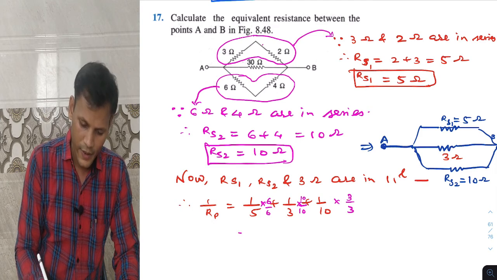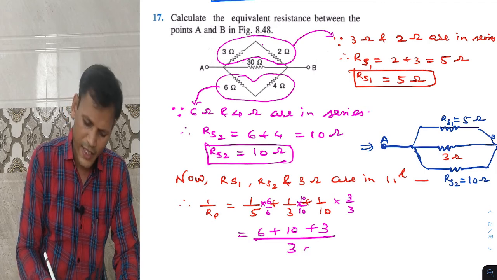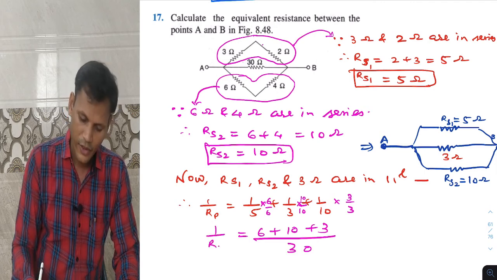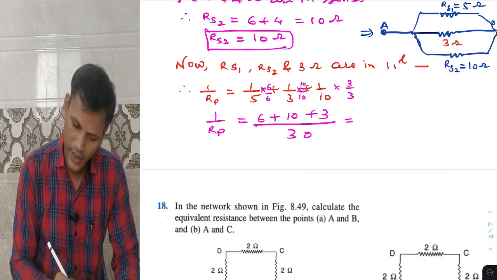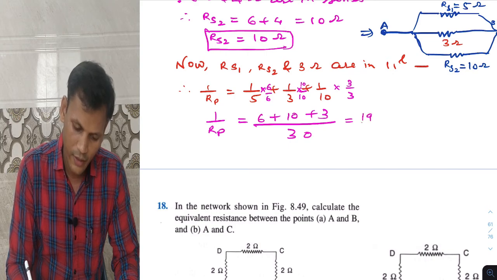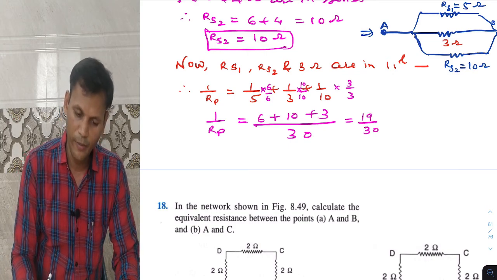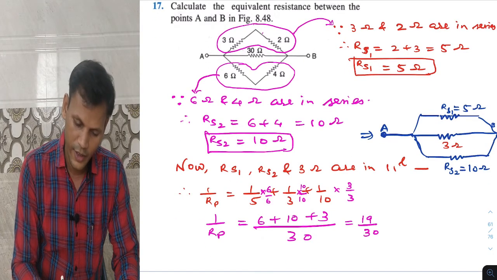So it becomes 6 plus 10 plus 3 by 30, which is 19 by 30. It is 1 upon Rp.